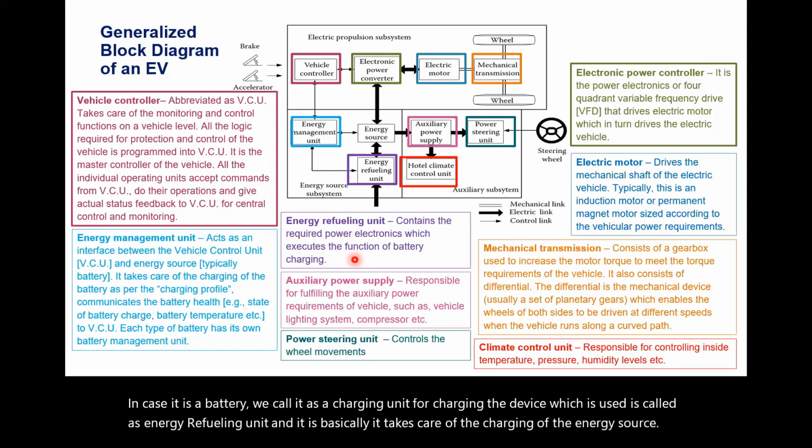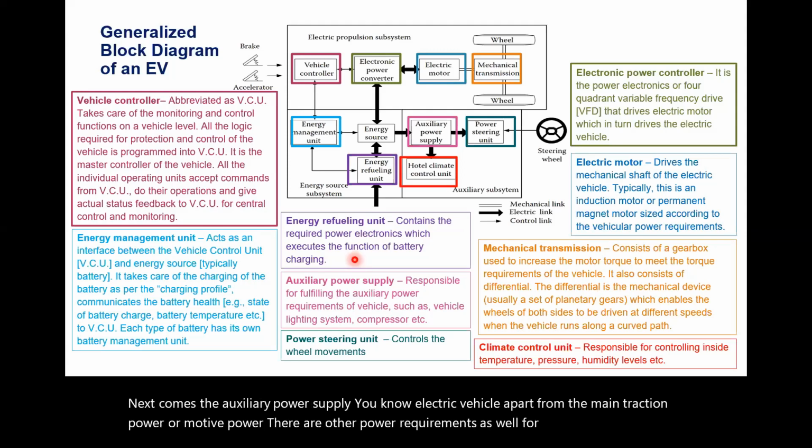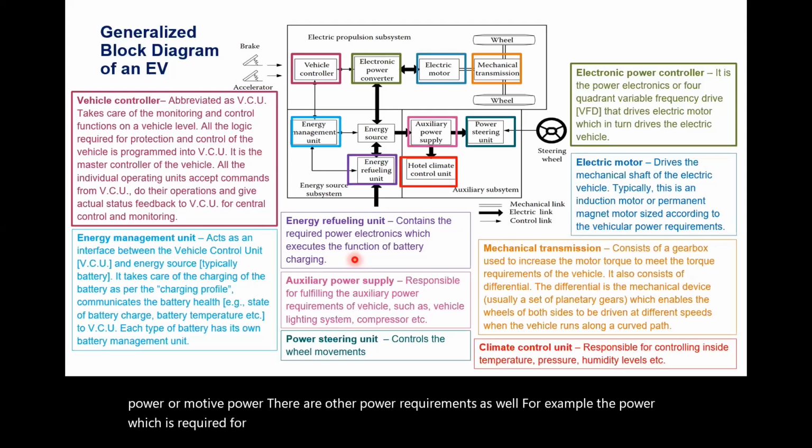Next comes the auxiliary power supply. In an electric vehicle, apart from the main traction power or motive power, there are other power requirements as well. For example, the power required for the air compressor in the air conditioner, auxiliary power for the lighting system, or maybe a pneumatic controller.